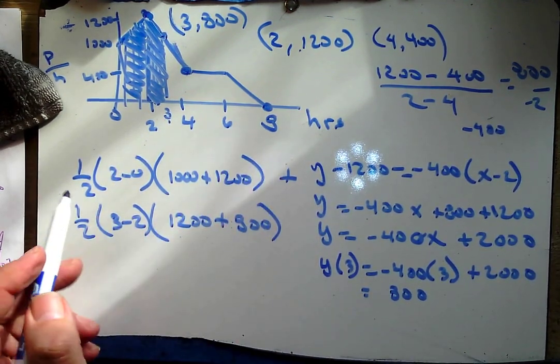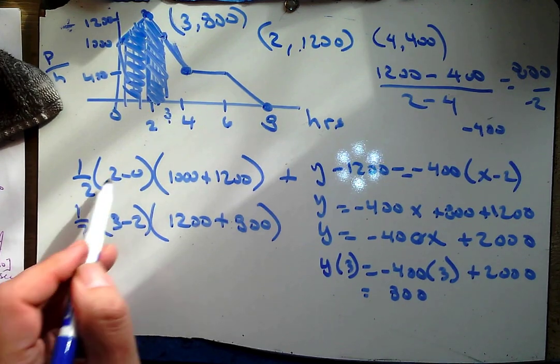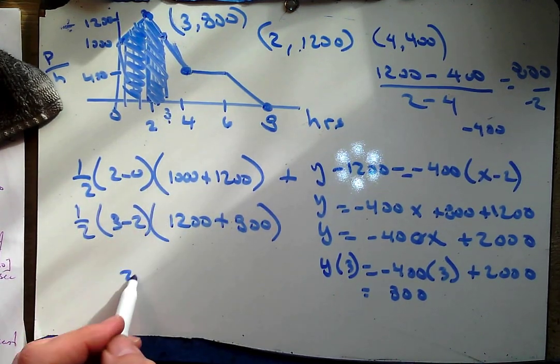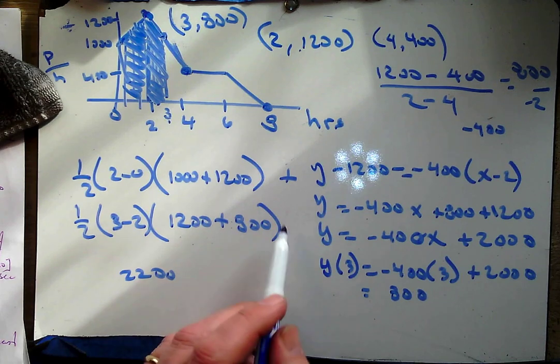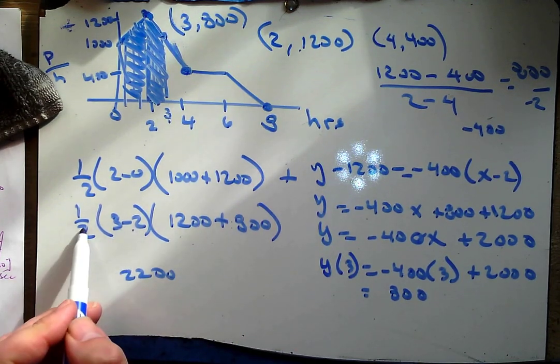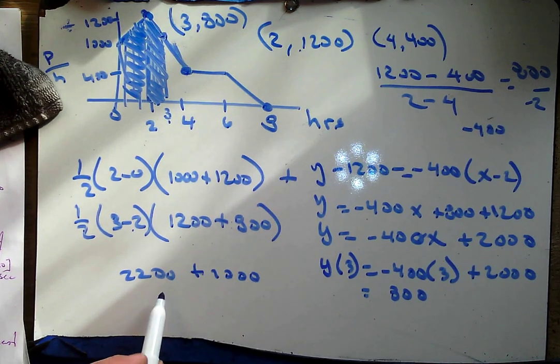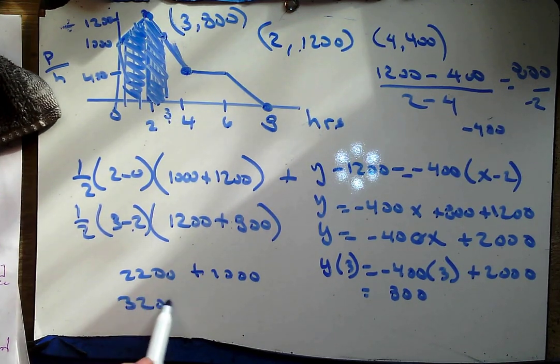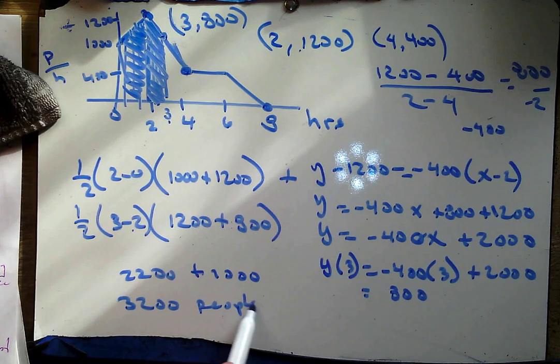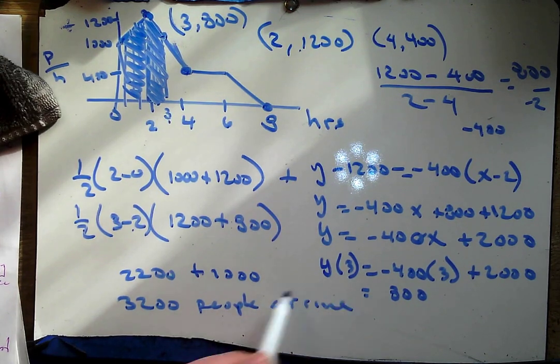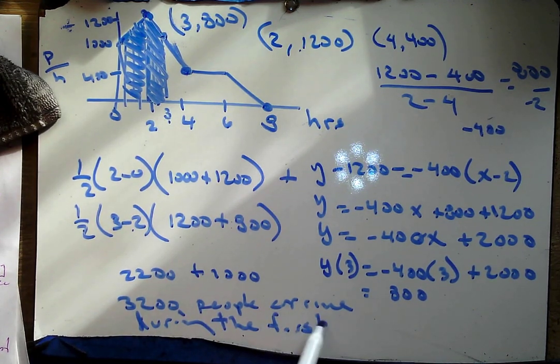That's the number of people who arrived. 2 divided by 2 cancels, so it's going to be 2200. And this is going to be 1/2 times 2000, that's 1000. So I've got 3,200 people arrive during the first 3 hours.